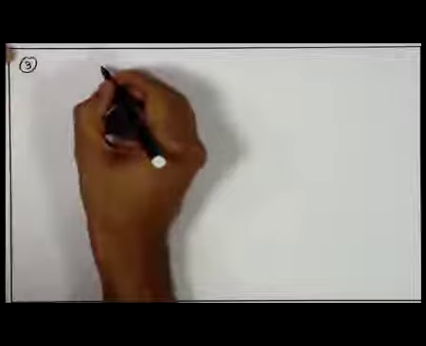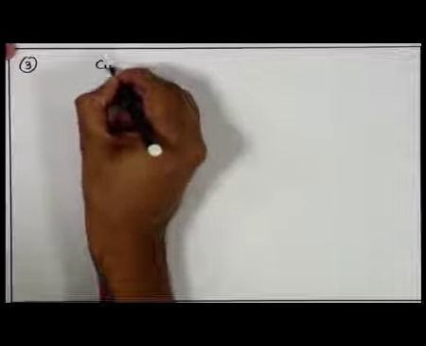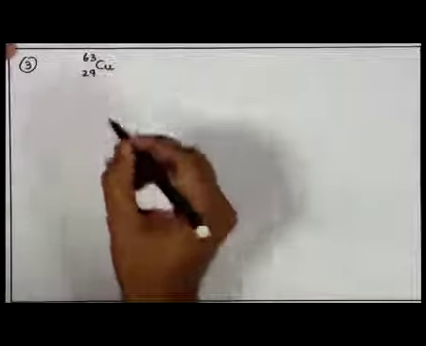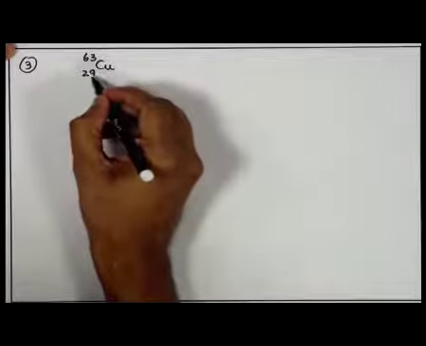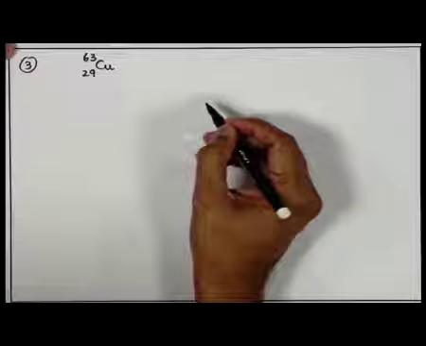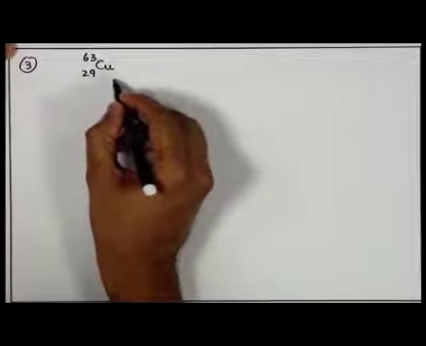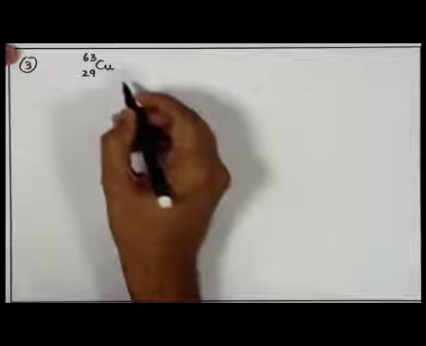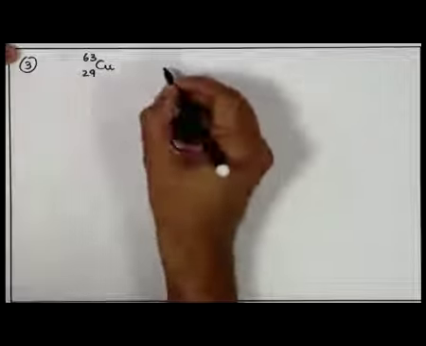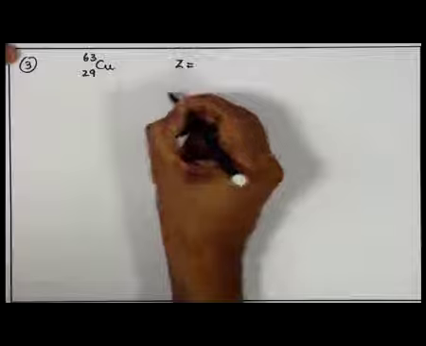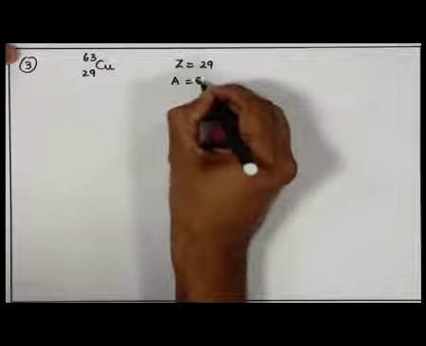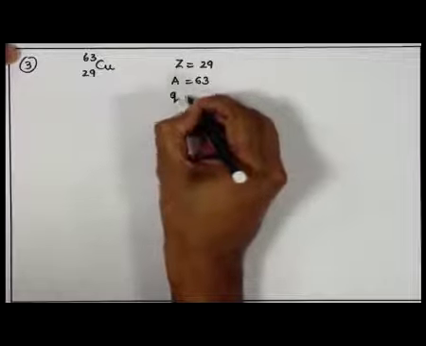Let us say we have this information: Cu, 29, 63. So, this is a copper atom whose atomic number is 29, whose mass number is 63, and we have to find out the number of electrons, protons, neutrons, and the charge. Of course, sorry, the charge is given as 0. So, what do I know? I know Z is 29, A is 63, Q is 0.